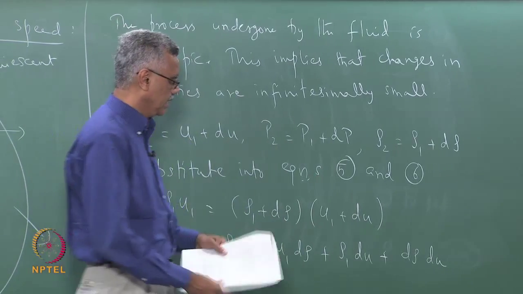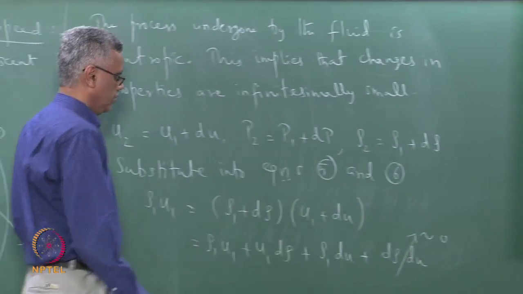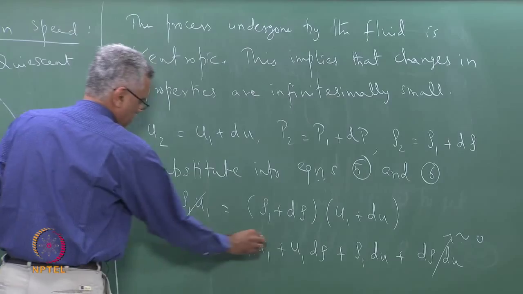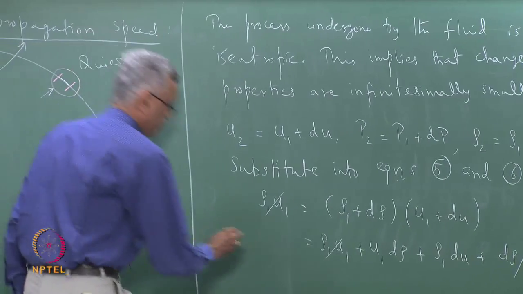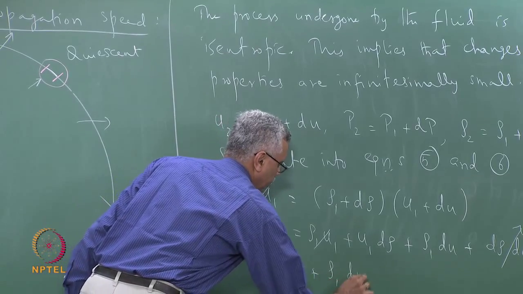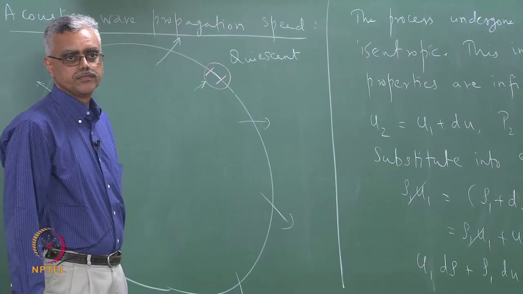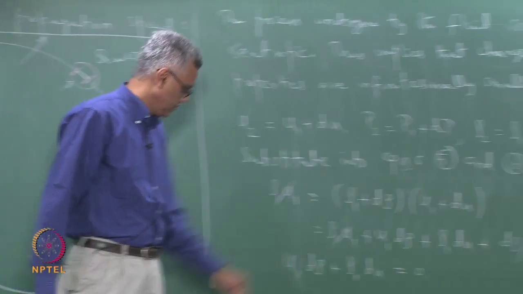So, we can actually neglect these products of differential terms. So, we set them equal to 0 like this, and we can also cancel out these two, and we end up with the following equation, that u1 d rho plus rho 1 du is equal to 0, okay. So, we neglect products of differentials in this equation.